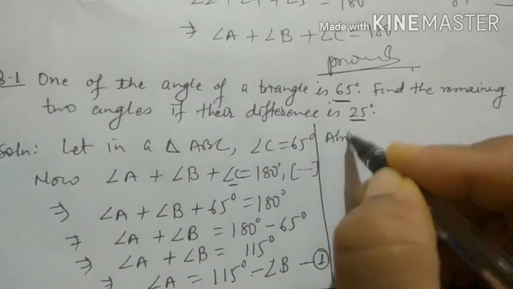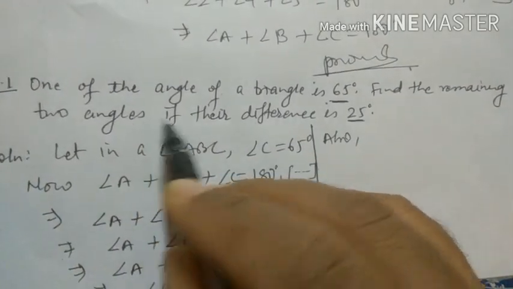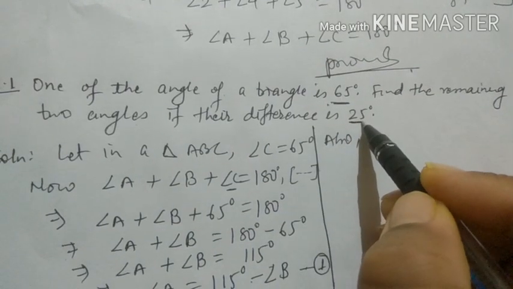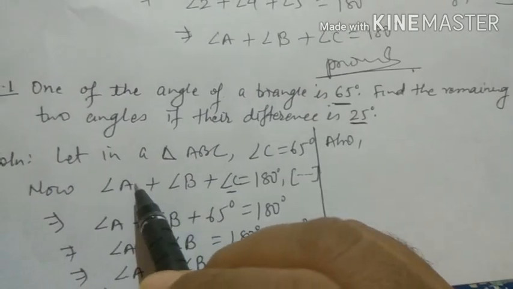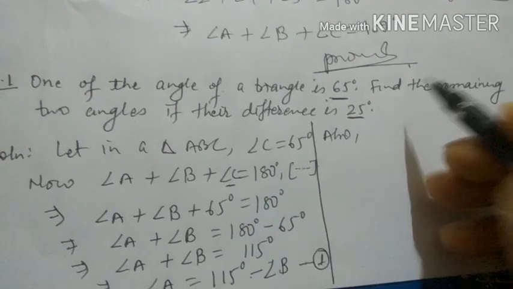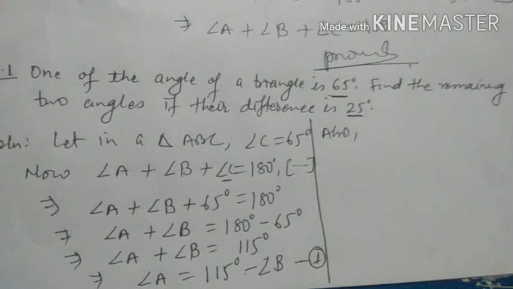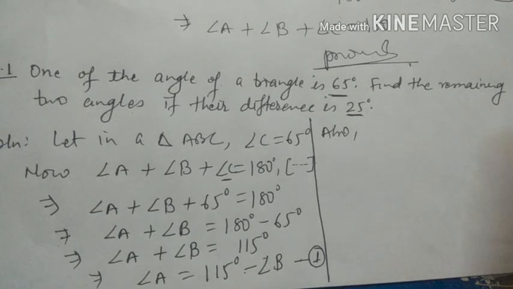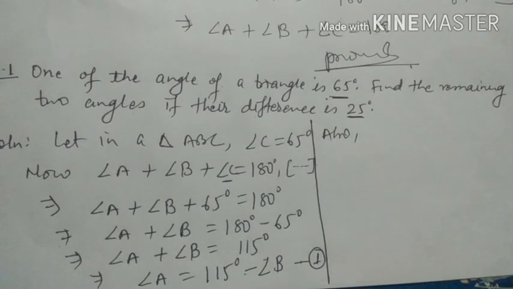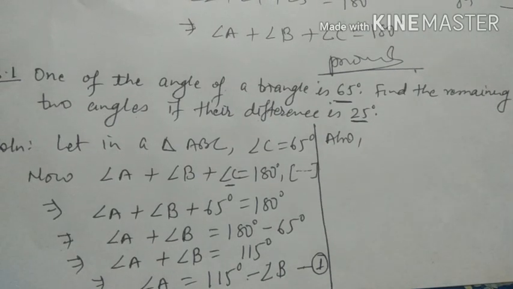Also it is given that the difference of the remaining two angles is 25 degrees. That means either A is greater than B or B is greater than A. Let us take angle A as greater. In both cases we can find the values of all three angles.